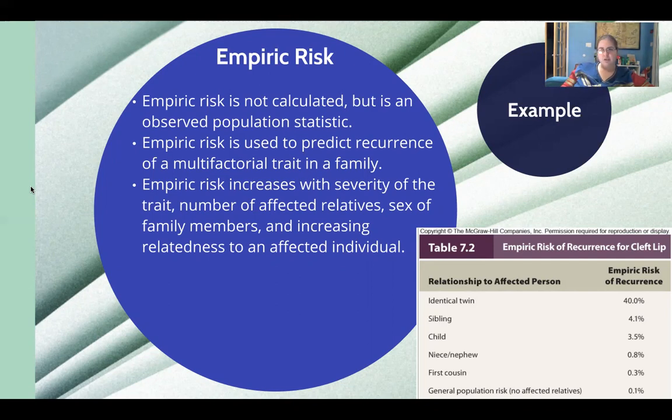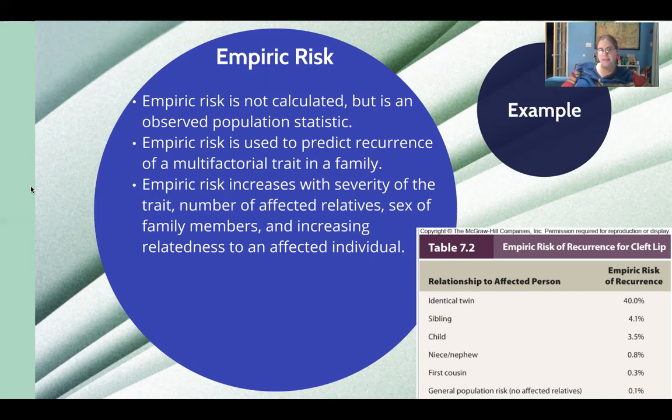It increases with the severity of the trait, so the more severe a trait is, the higher the empiric risk is, meaning the more likely someone is to get it. The number of affected relatives, so the more people in the family who are affected, the more likely they are to be affected as well. The sex of the family members, depending on if it's a sex-linked trait, and the increasing relatedness to an affected individual.